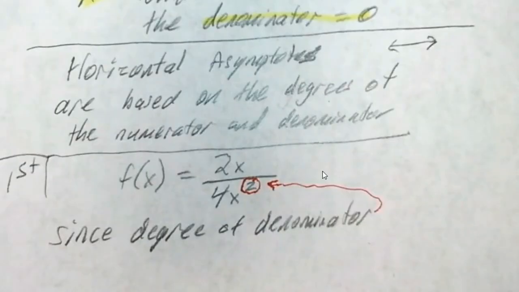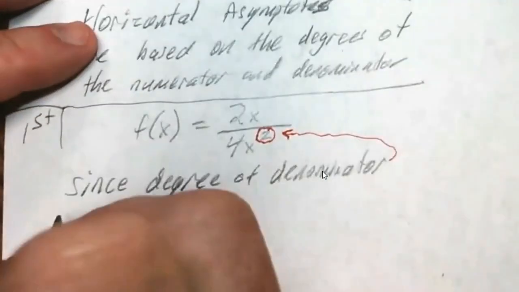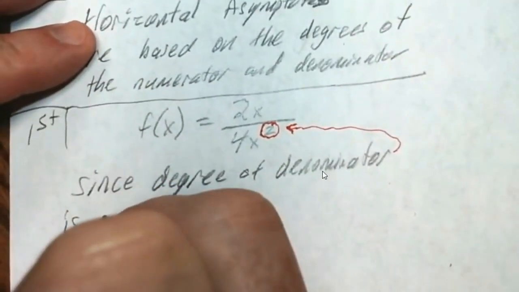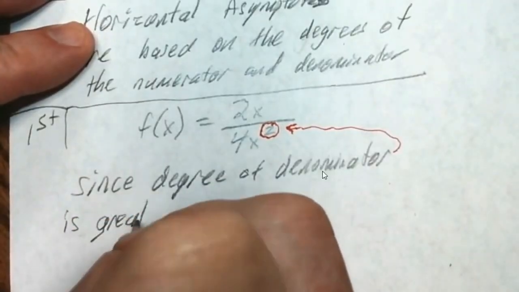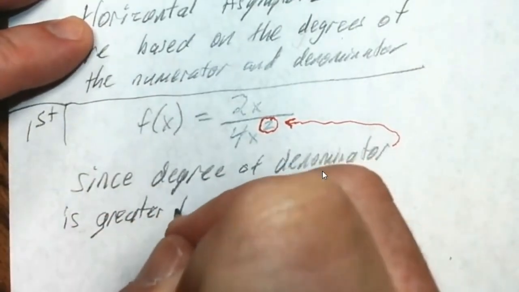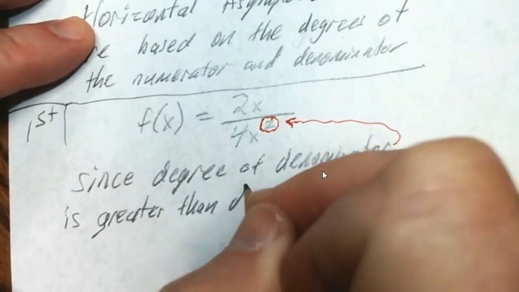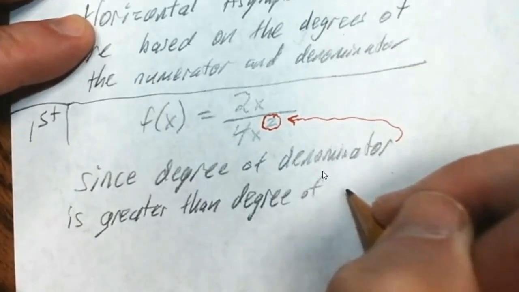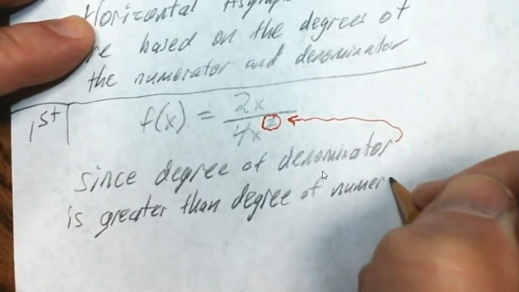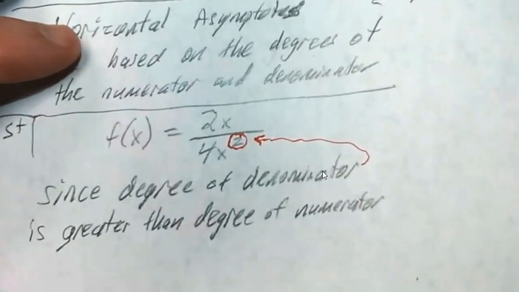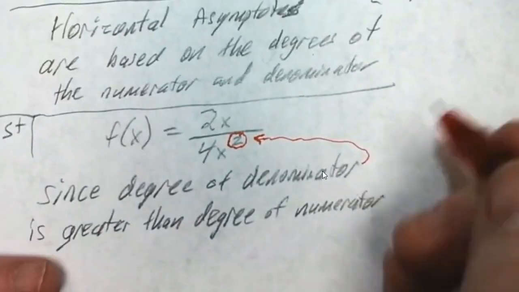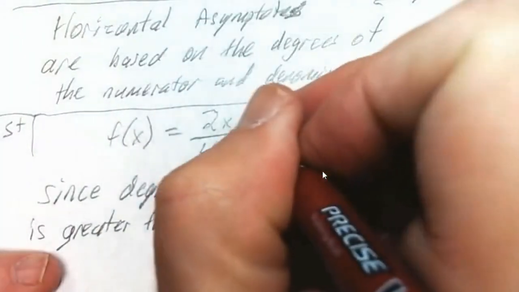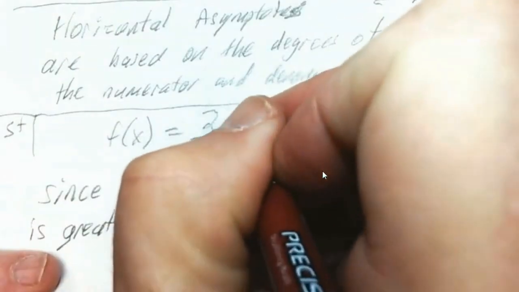The degree of the denominator is 2, which is greater than the degree of the numerator, which is an assumed 1, right?